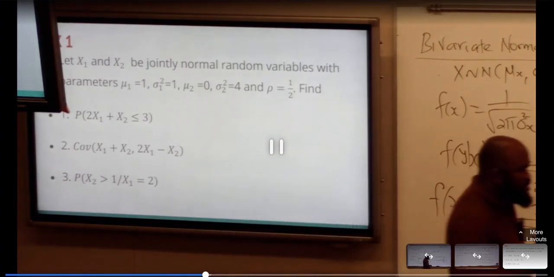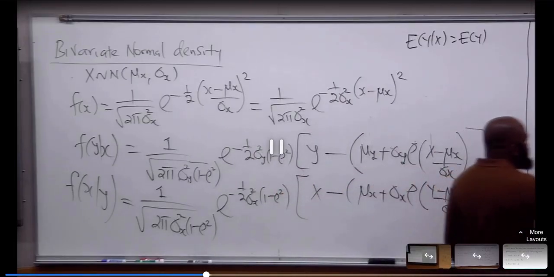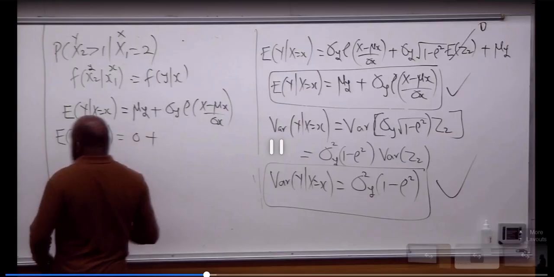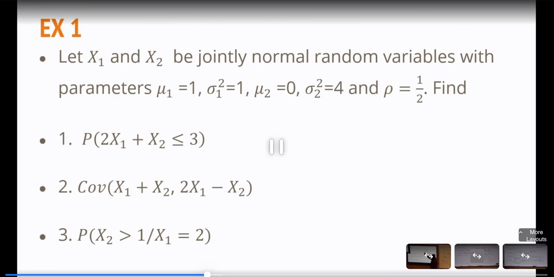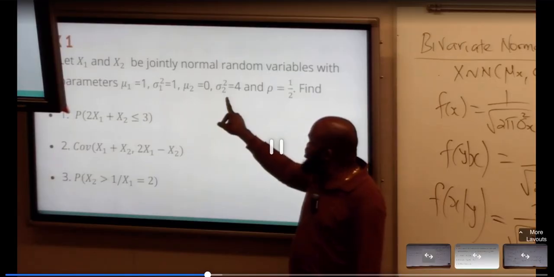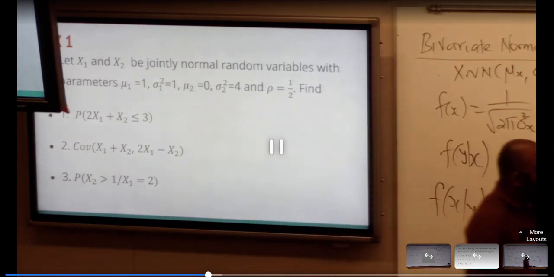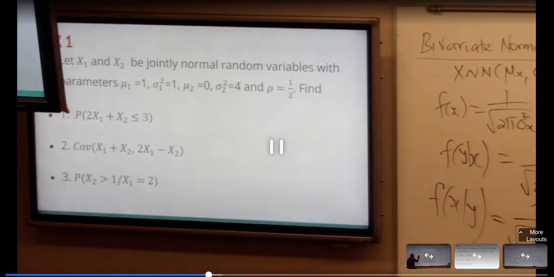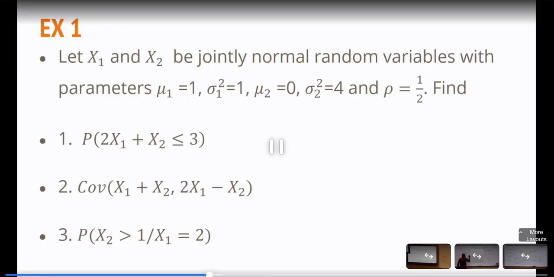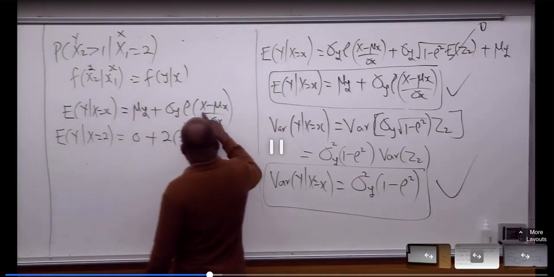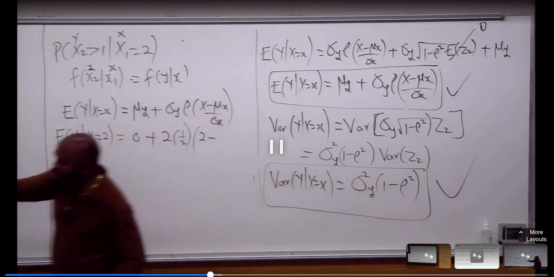Please take note. Now, what is my mu 2? My mu 2 is 0 plus what is sigma y? Sigma y here is sigma 2. So what is the square root of this? Square root of 4, that will be 2, right? So this is going to be 2. So what is your rho? Rho is half. And x is 2 minus what is mu 1?